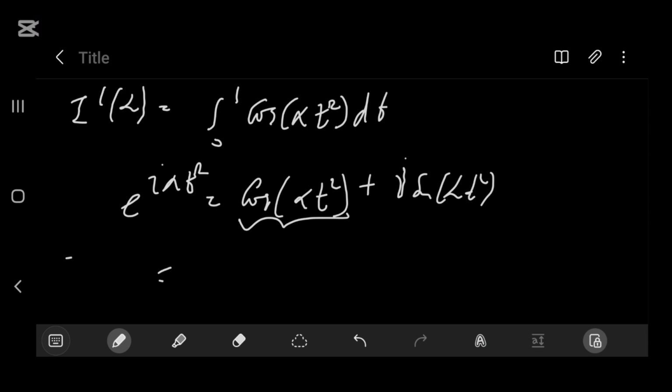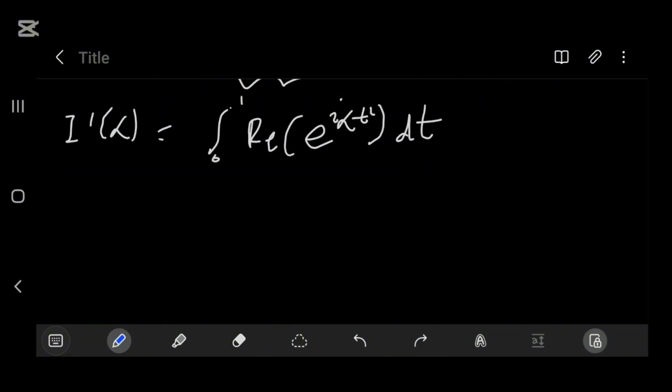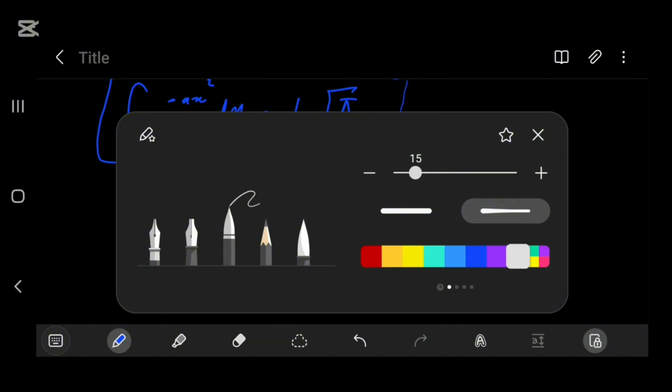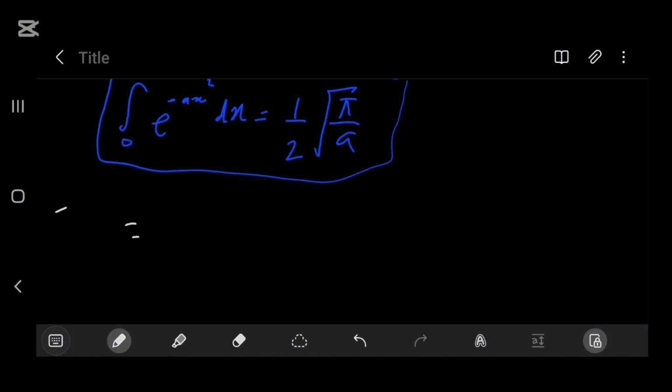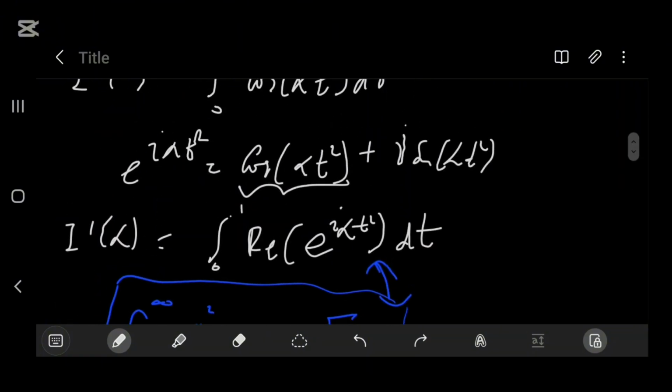So we can write I prime of alpha as the integral of the real part of e^(i alpha t²) dt. We know that the Gaussian integral, the integral from 0 to infinity of e^(-a x²) dx, is half times the square root of pi over a. By looking at these two, they are both similar, so I prime of alpha is the real part of half times the square root of pi over i alpha, because we are integrating with respect to t here.